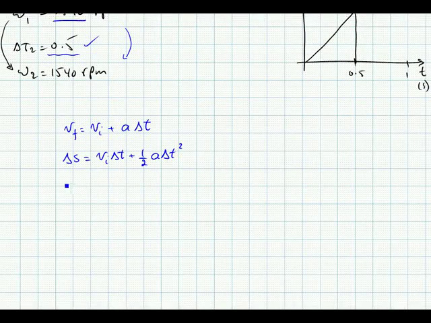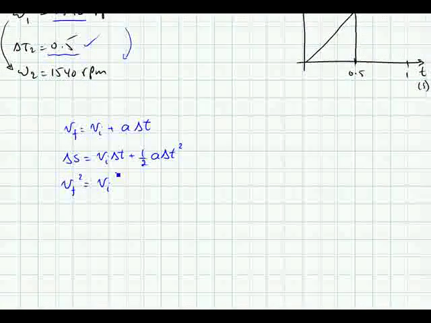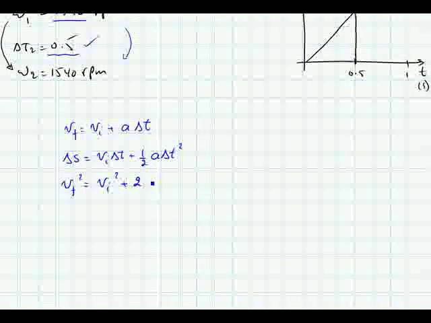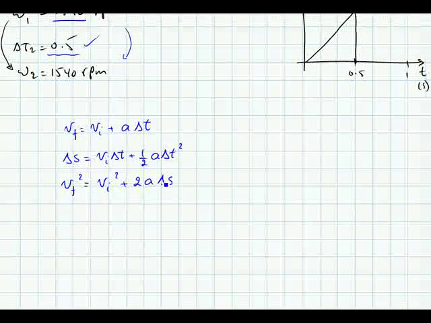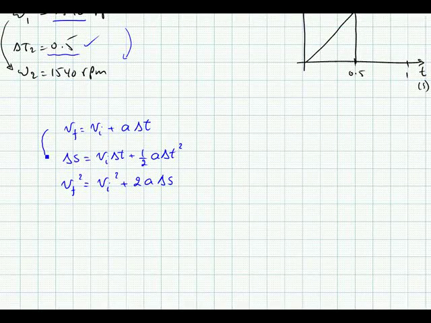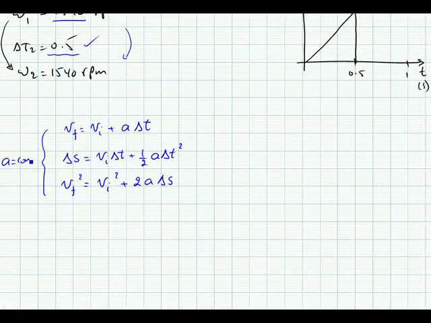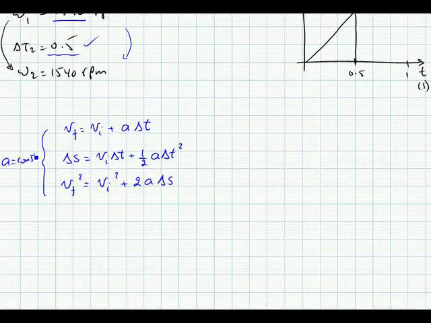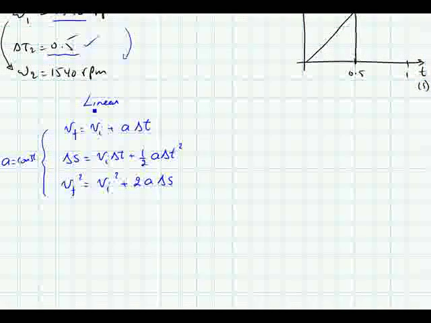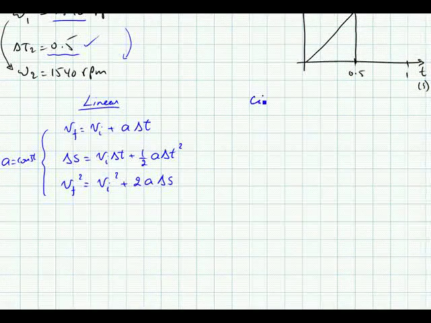These are the kinematic equations of motion, of course, and that velocity final squared was equal to velocity initial squared plus twice acceleration times displacement. All these are valid, of course, if a is constant. That was the golden rule. Now this is our linear motion.